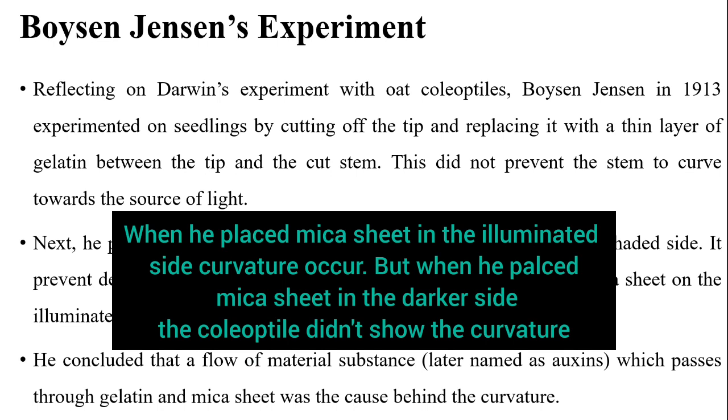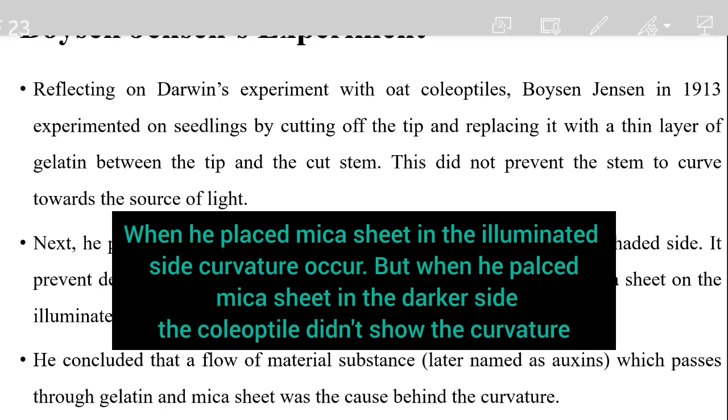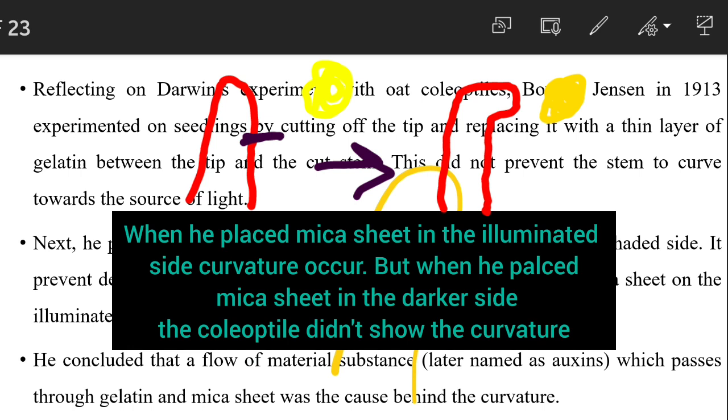So when Boysen-Jensen placed the mica sheet on the illuminated side of the stem, it did not prevent the curvature.